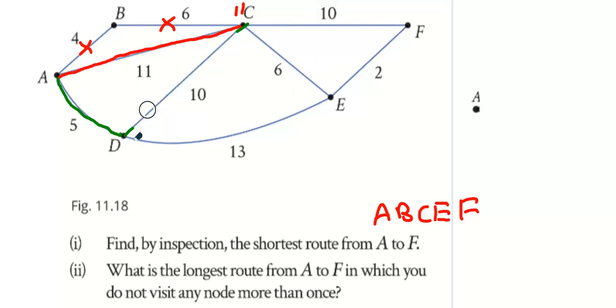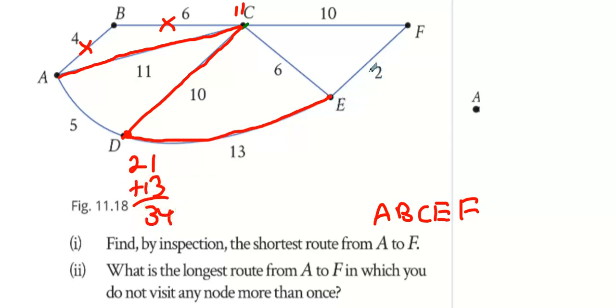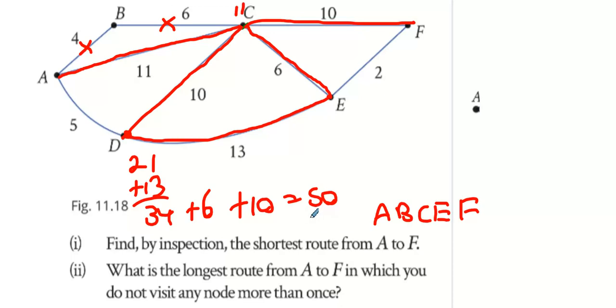Well, if I went a different way, if I did instead A to C, which is 11, then I did C to D, that takes 21 to get to D, which makes a lot of sense, because then I'm going to go D to E, which is an extra 13, I get 34, and then I can probably go E to C, instead of going to 2, I can go back up E to C, which is another 6, and then do C to F, which is another 10, which would be 50, which makes more sense. Okay, so that's good.